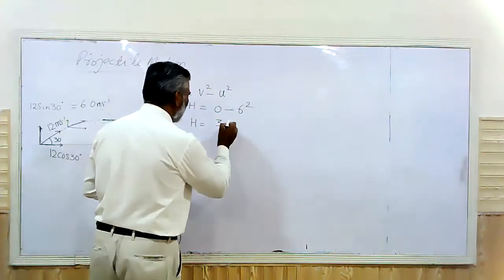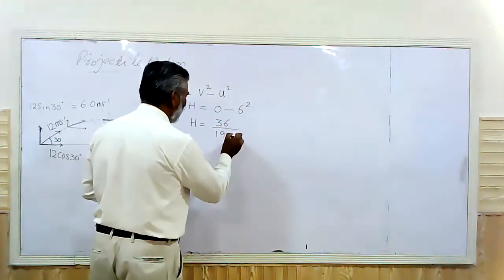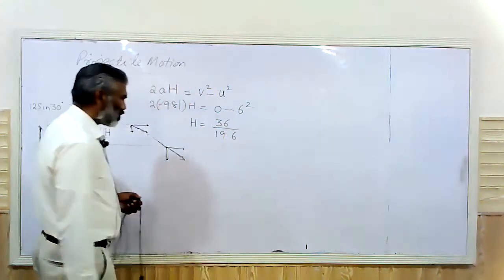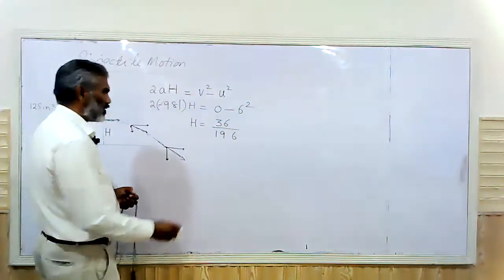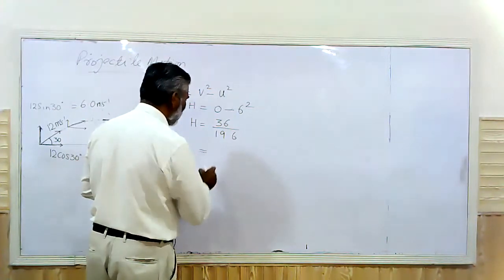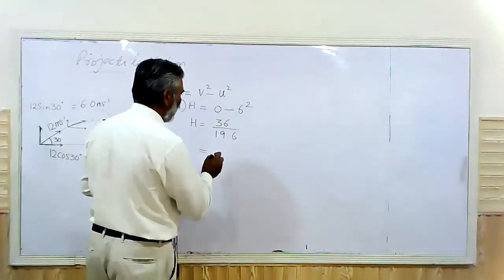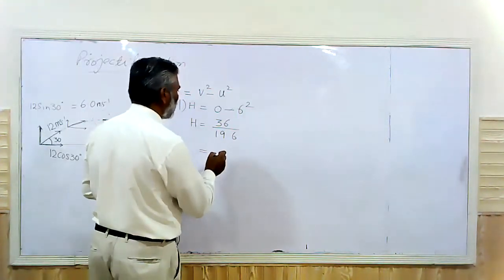This is 36 divided by 19.6. So it simplifies to, suppose it is 1.8 meter approximately.